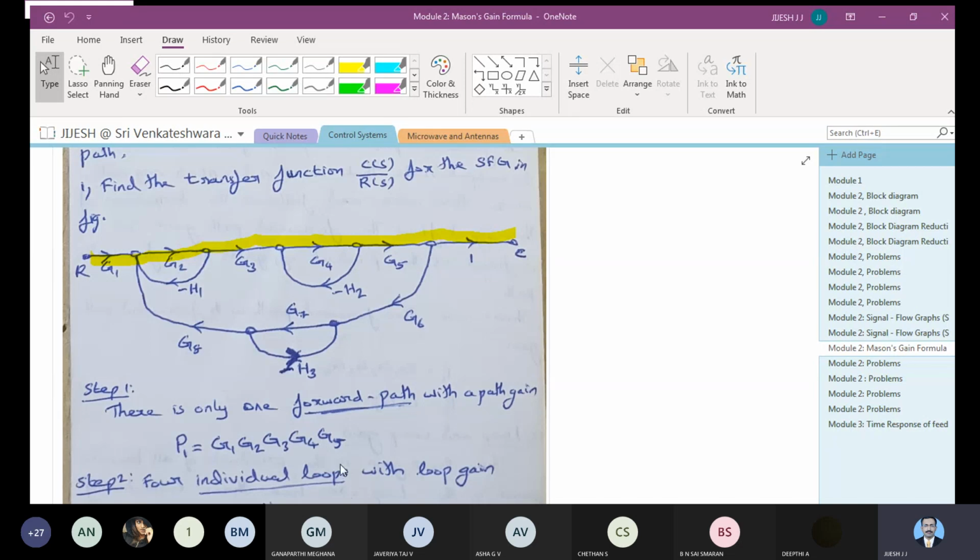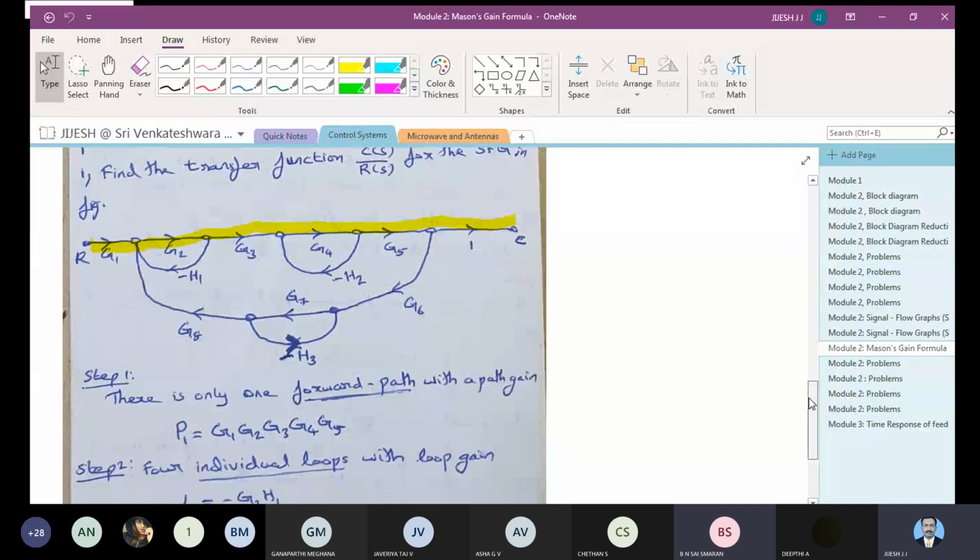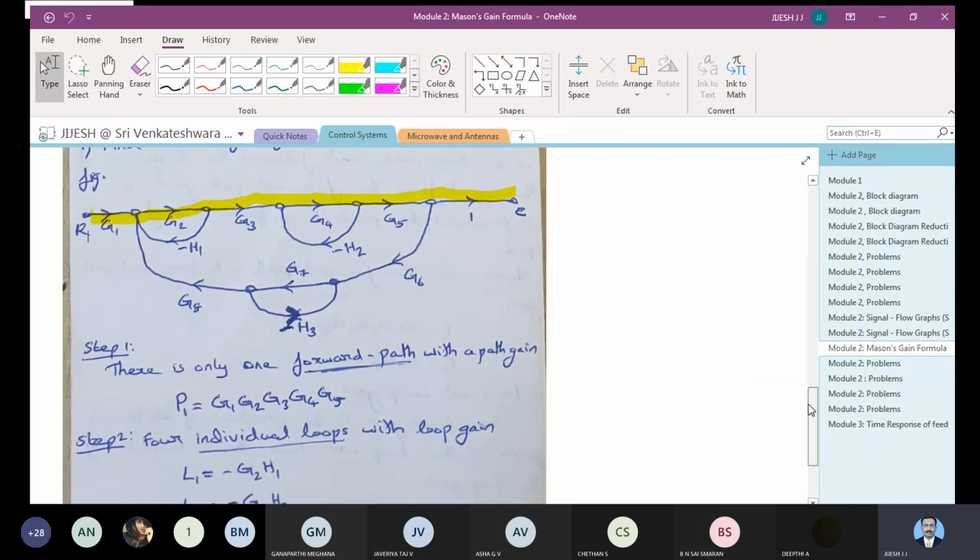From the second problem onwards, you can start solving. Is that clear for everyone? Say, respond to me. Yes, sir. Okay.